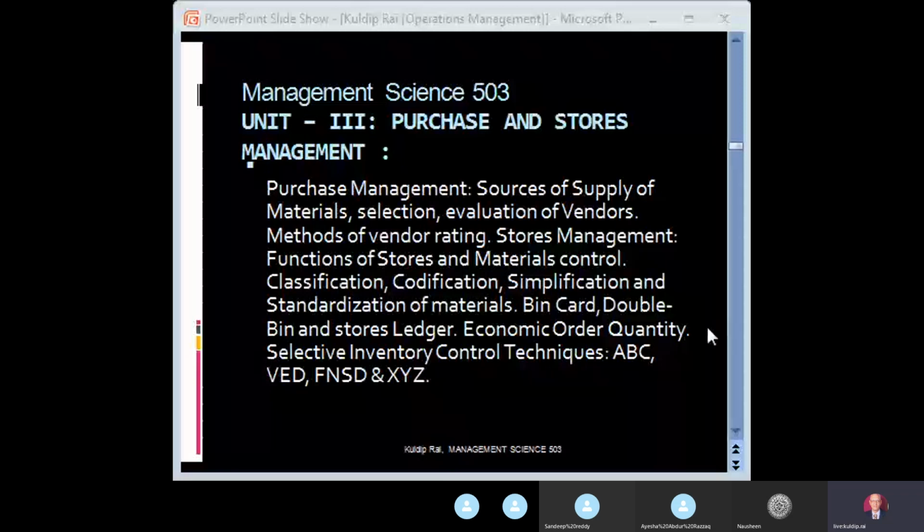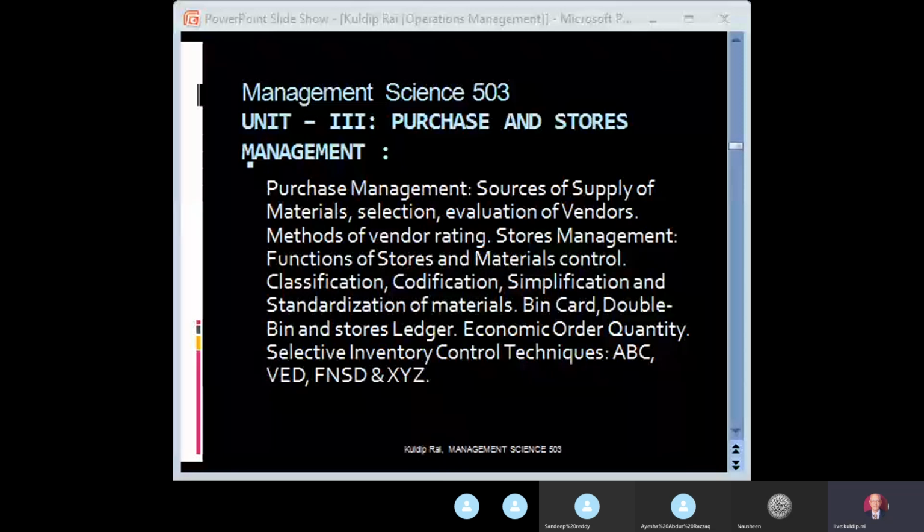What do you read on the screen now? Stores management. What is a stores? Stores is any place where you keep the goods.